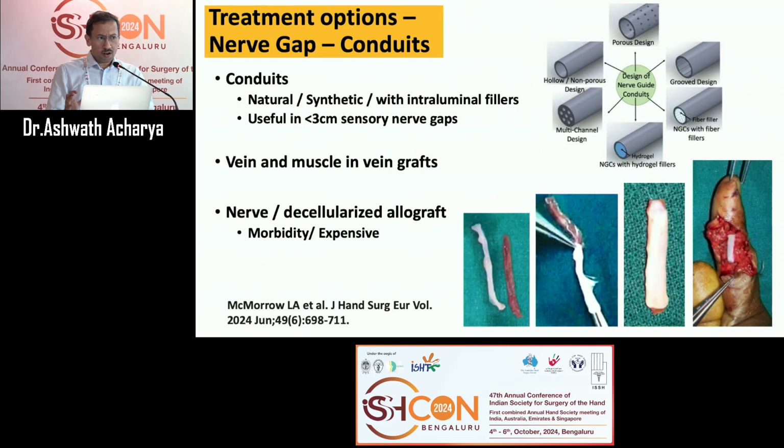Conduits, a lot of things are in vogue, but usually they are still being used only for sensory nerve reconstruction. What we have been doing is using a vein and muscle in vein graft, which Brunelli had popularized, and that has given fairly good results, and recent reports have shown a very good sensory recovery also.